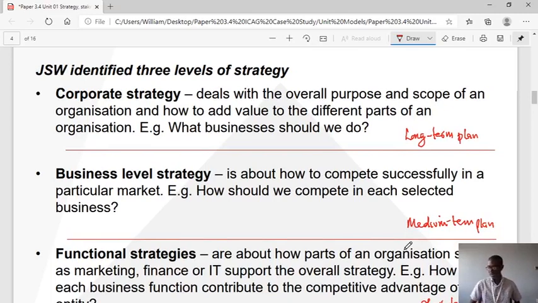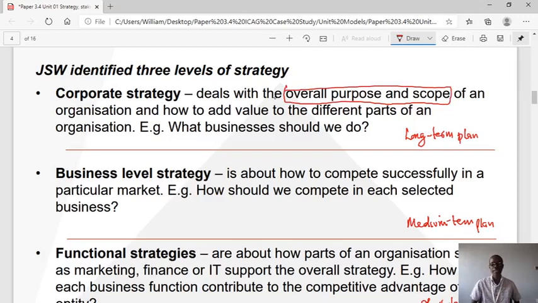Now, in terms of corporate strategy, it deals with the overall purpose and scope of an organization. What is the overall purpose? What is the scope of an organization? And how to add value to the different parts of the organization.